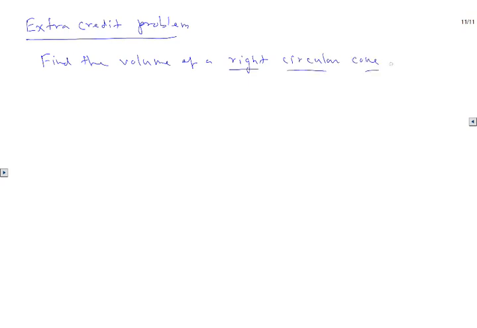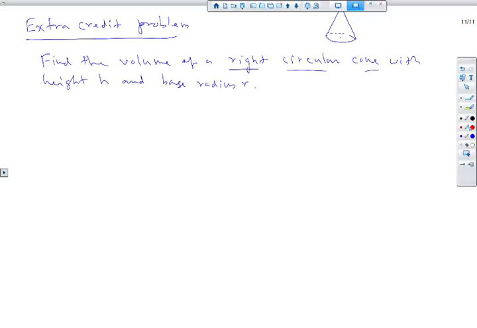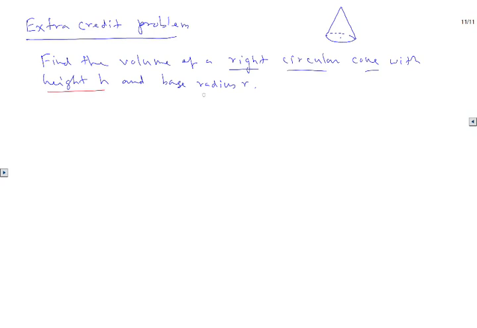Right circular cone, that means there's a cone like this, the base is a circle, a circular cone with height h and base radius r.